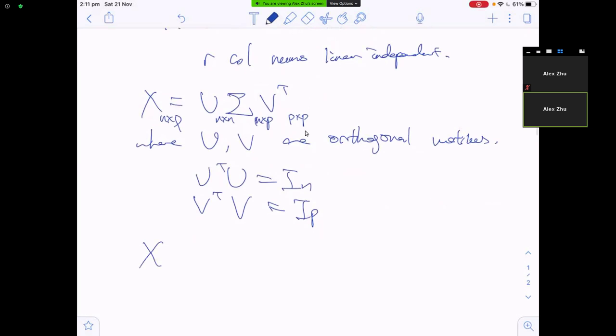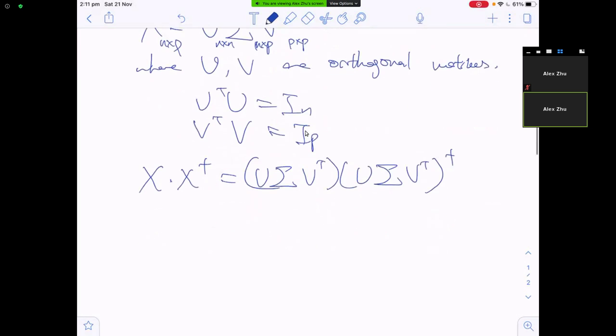So X times X pseudo inverse is U sigma V transpose times the pseudo inverse of U sigma V transpose. You can think of that as breaking down this pseudo inverse into two components.